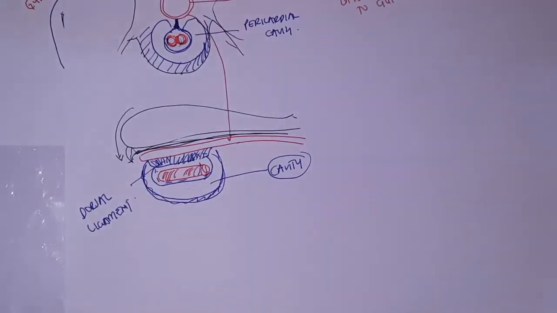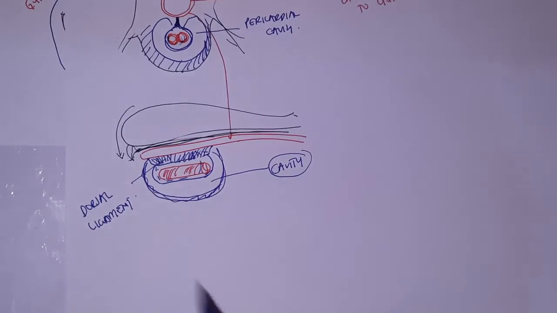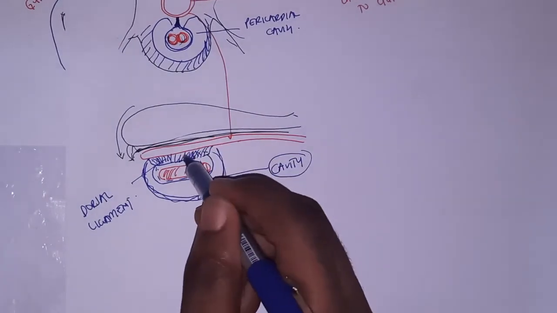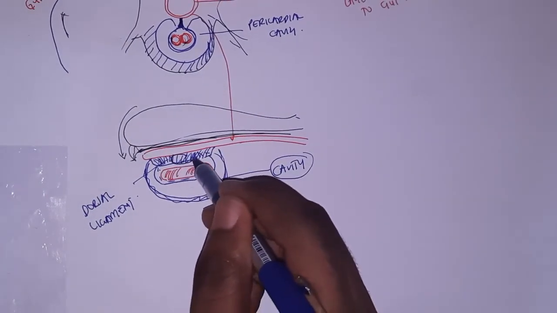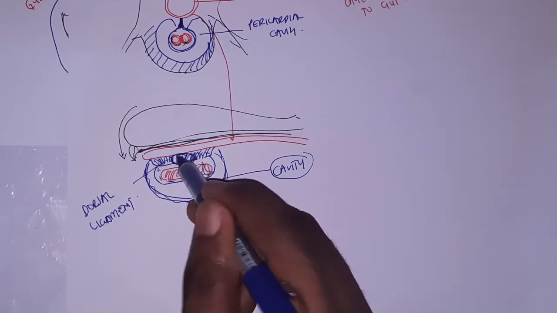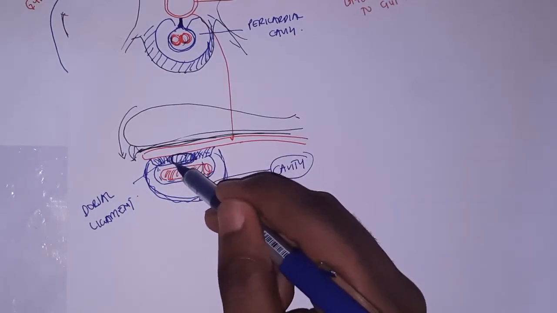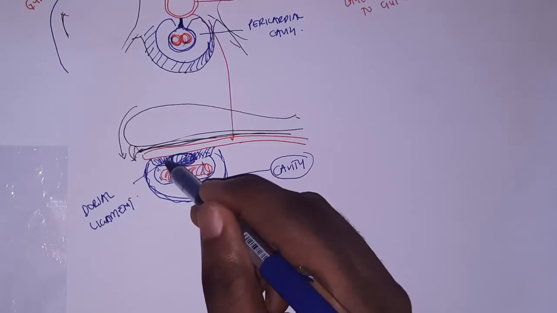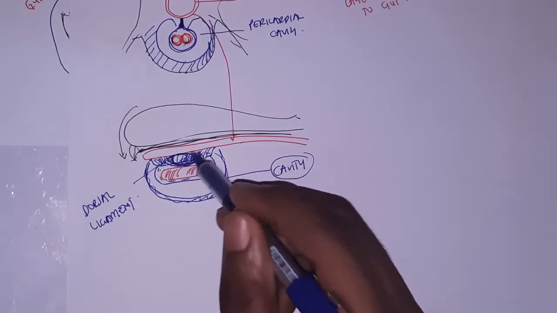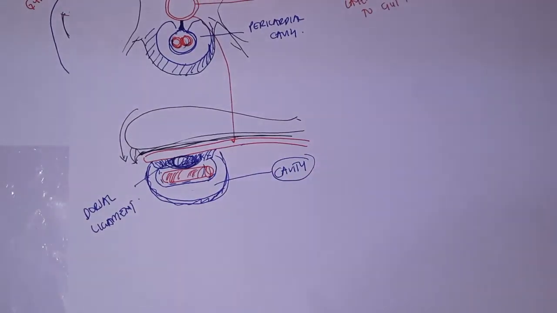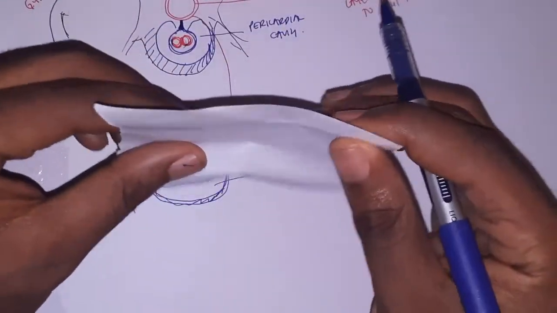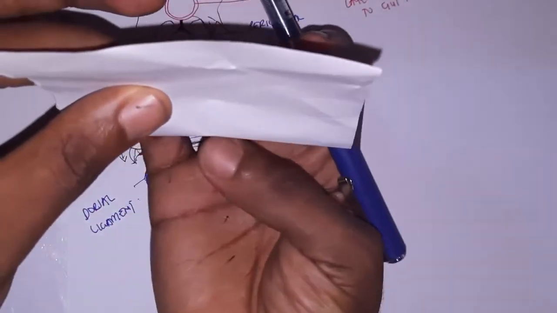Now there's something unique that happens. There's going to be a hole in this ligament. A part of it is going to degenerate. Imagine you have the dorsal ligament this way attaching the tube.